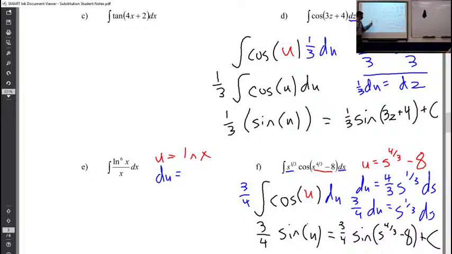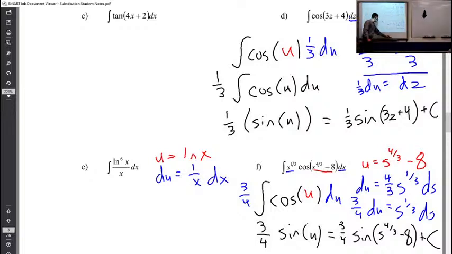Natural log of x is currently getting taken to the 6th power. So it is inside of another function and being taken to the 6th power. Clue number 2, the derivative of natural log of x is sitting right there somewhere else in the problem.